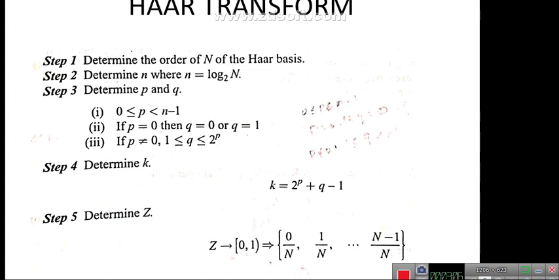And if P not equal to 0, then Q lies between 1 and 2 power P, so 1 less than or equal to Q, less than or equal to 2 power P. Then determine K, which is obtained from 2 power P plus Q minus 1. And determine Z, where Z belongs to 0, 1 by n, up to n minus 1 by n.